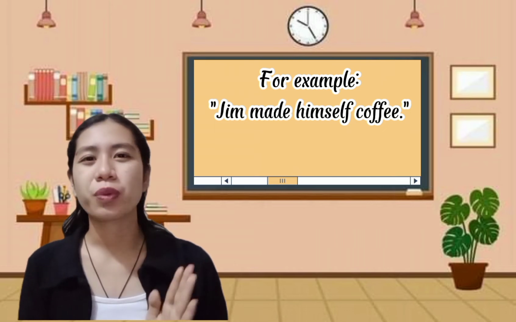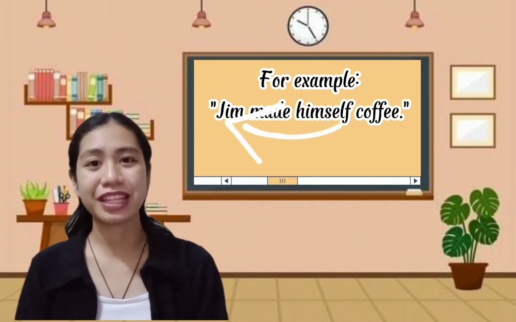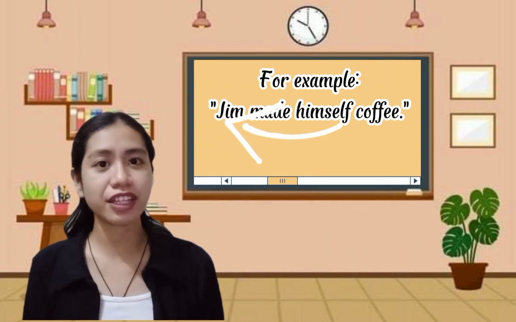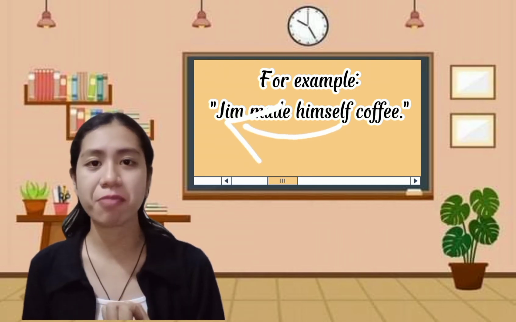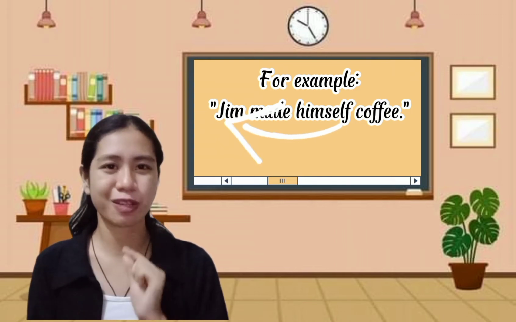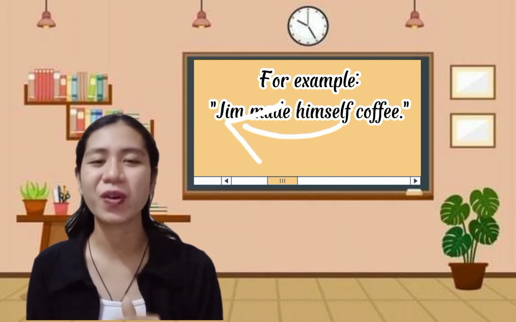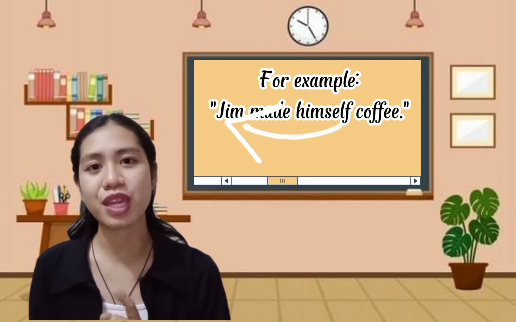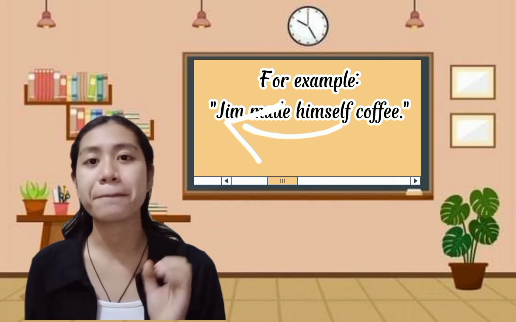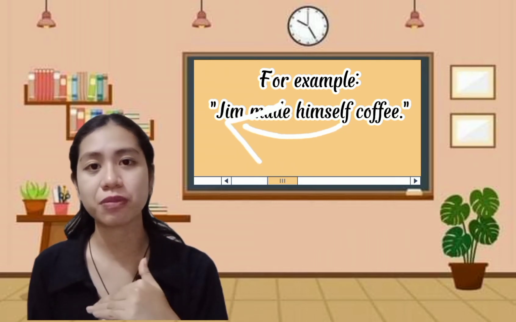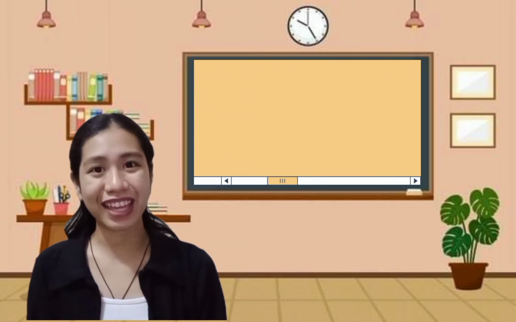Moreover, class, without the reflexive pronoun himself, it would be hard for us as readers to understand who Jim made coffee for. Jim is the subject and also the doer of the sentence. That's why the reflexive pronoun used is himself, because himself reflects back to Jim, who is the subject. Do you get it, class?